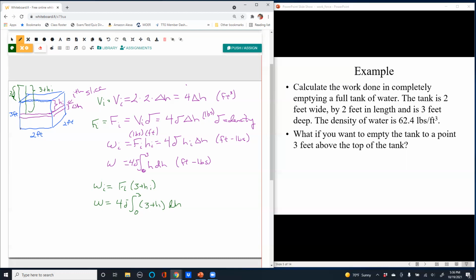At the very bottom, when h is 3, well, that last slice has 6 feet to go out. 3 plus 3 is 6. So that's the 6 feet that that very bottom slice has to go. So the only thing that changed between this integral and this integral was the distance we had to go to get the work. Everything else was the same. Questions about that?